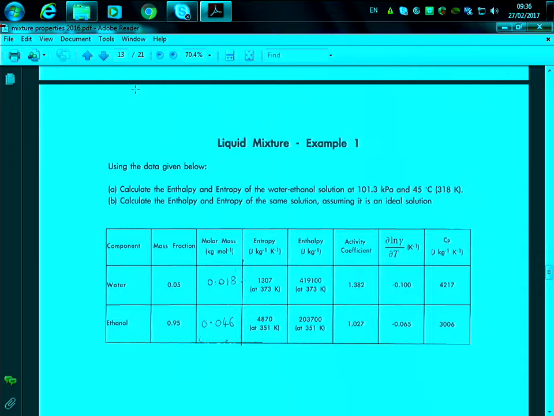So the first thing you have to do is change to molar fraction, right? Who has changed to molar fraction? Can you raise your hand?